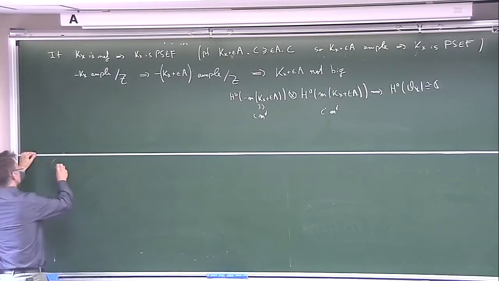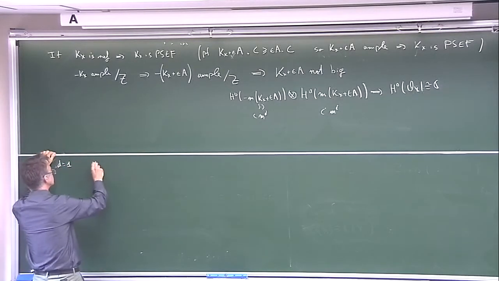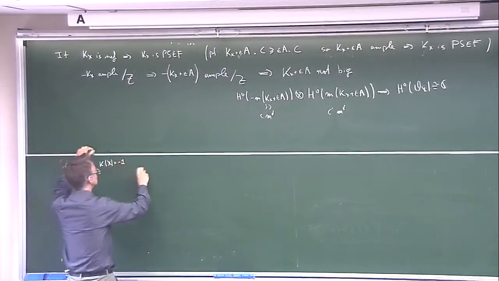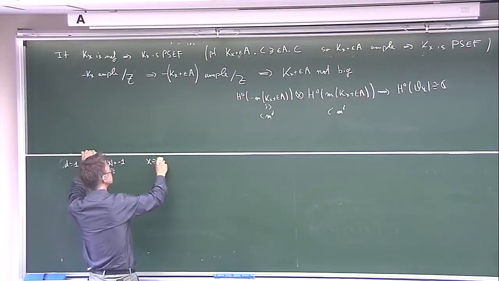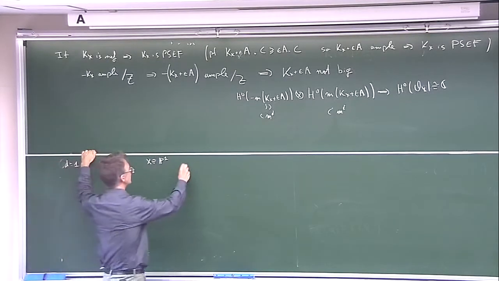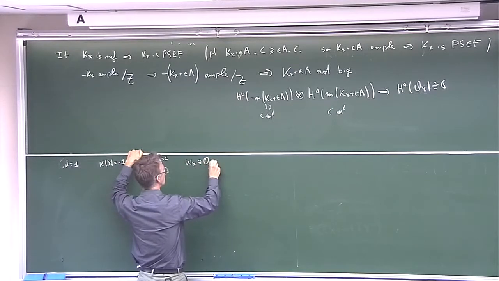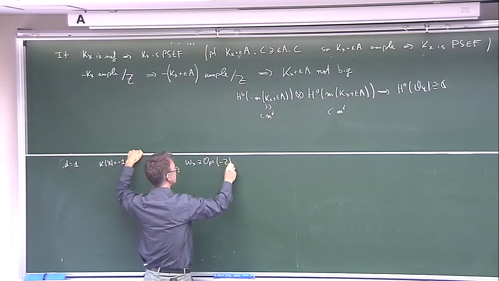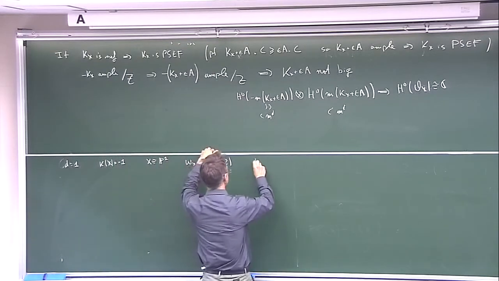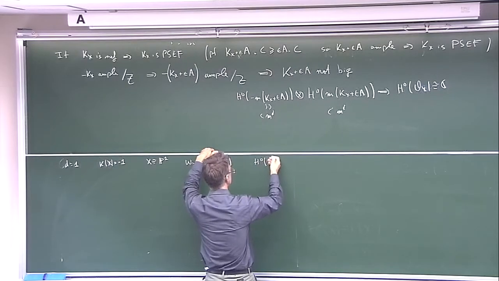So when the dimension is 1, there are essentially three cases. You have Kodaira dimension of x equals -1. So in this case, you only have one possibility. X is the projective line, in which case the canonical line bundle corresponds to homogeneous polynomials of degree -2. And consequently, there are not many interesting homogeneous polynomials of negative degree.